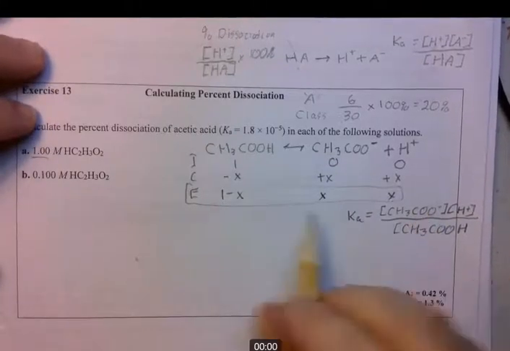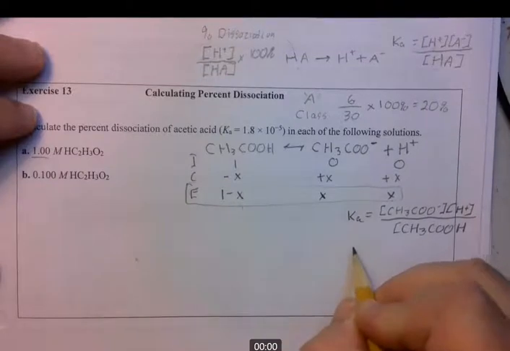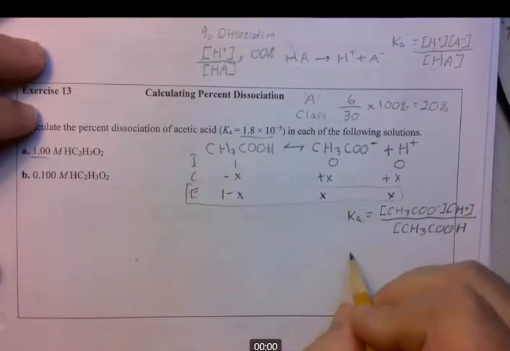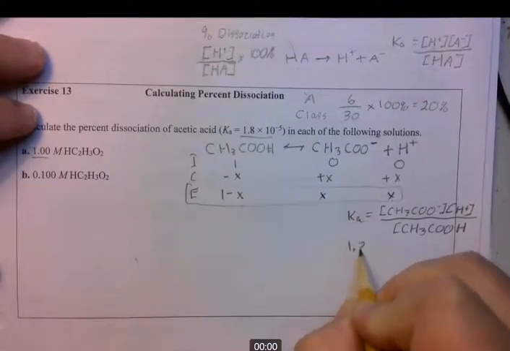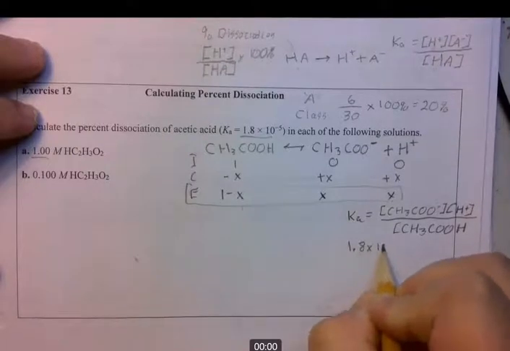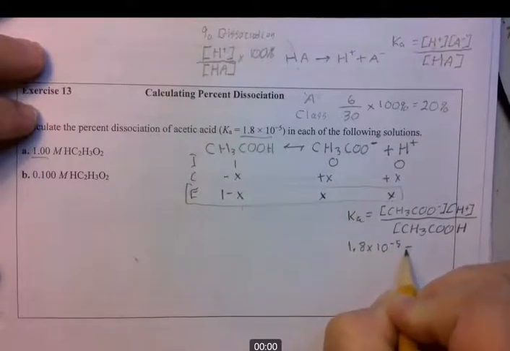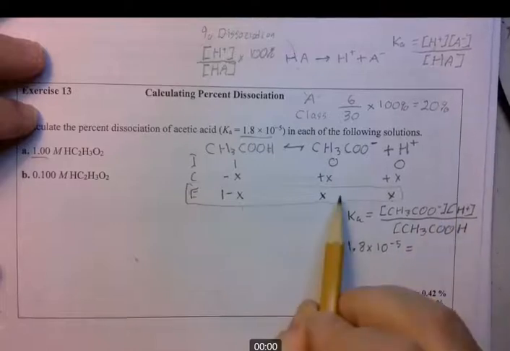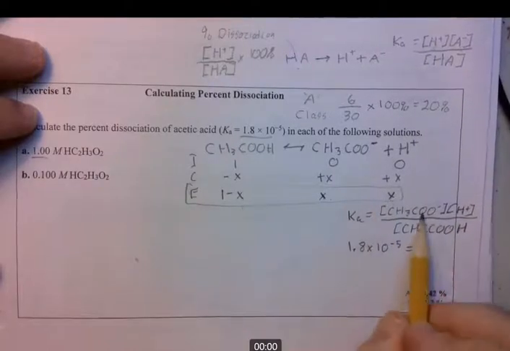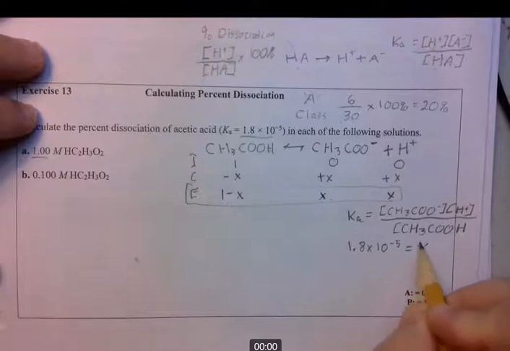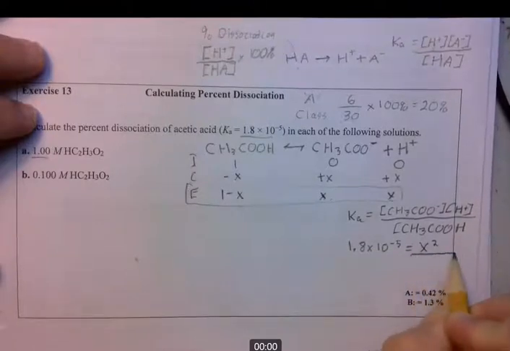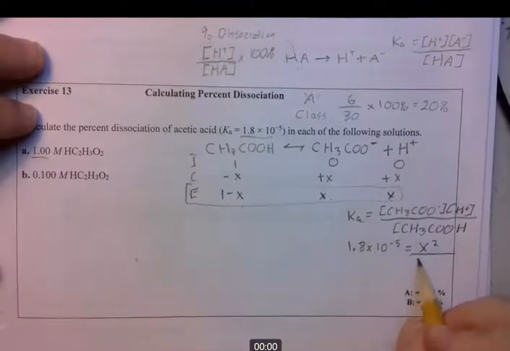Okay, when we plug in these values here, we end up with Ka, which we have as 1.8 times 10 to the minus 5, and that equals this times this, which is x times x. These two get substituted in there. X times x is x squared. And this one on the bottom is 1 minus x.